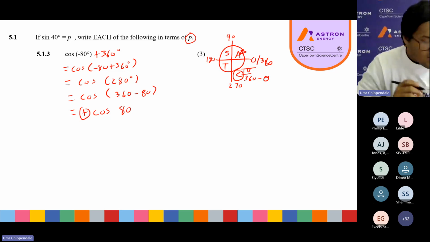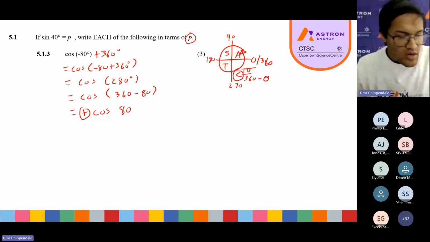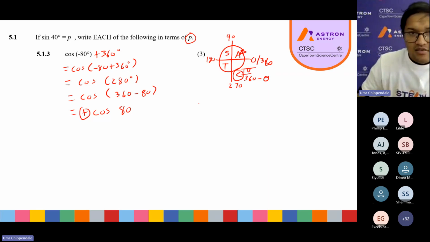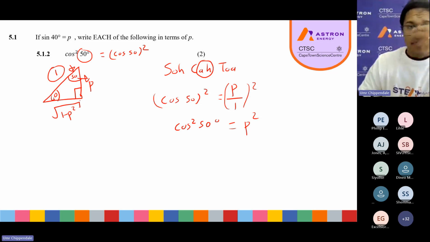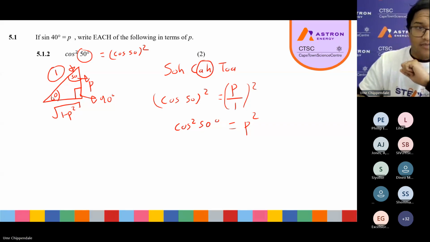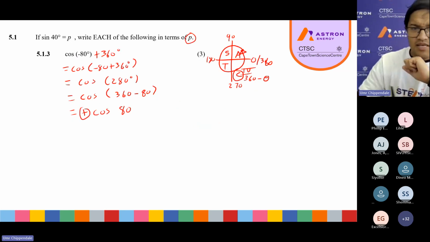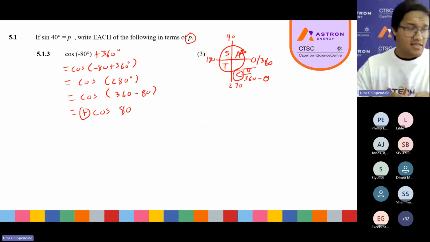So instead, what we're now going to do is look at our angles over here. If we look at our triangle that we have made, we have a 90 degrees, a 40 degrees, and a 50 degrees. But they are speaking about cos of 80 degrees.